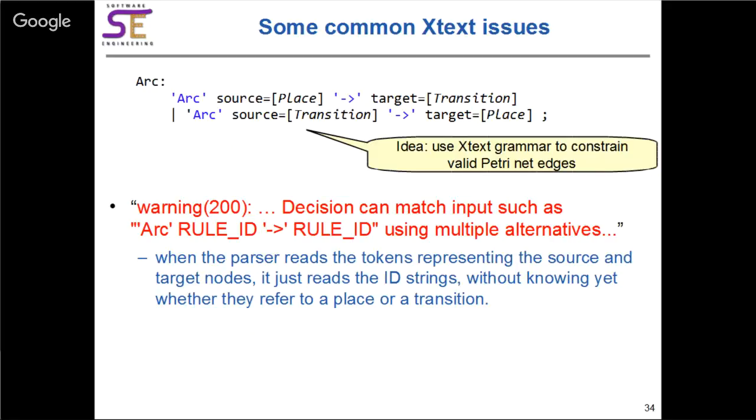So when the parser reads tokens representing the source and target nodes, so there will be arc ID, arrow ID, it will see that these are IDs, but it will not know whether it should apply the first alternative of the rule or the second one.